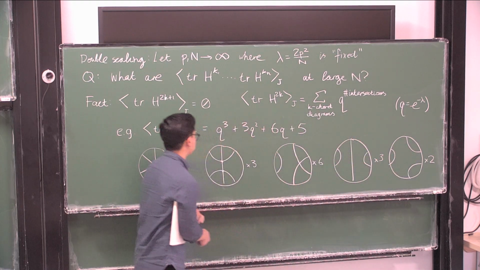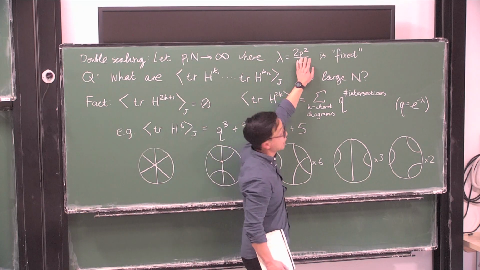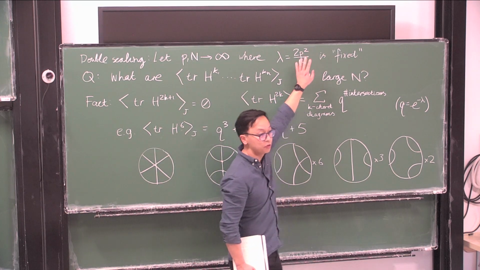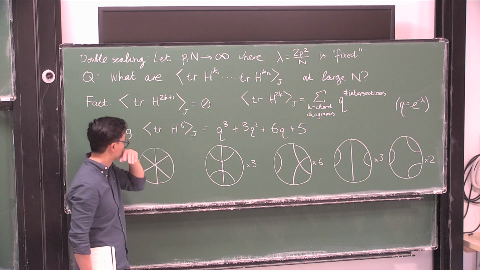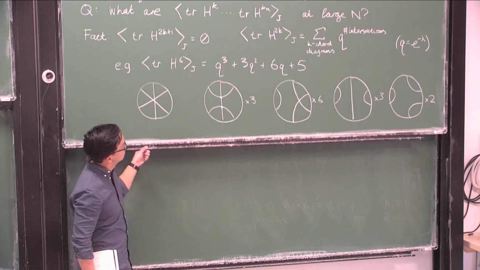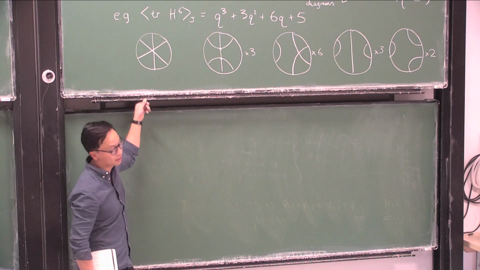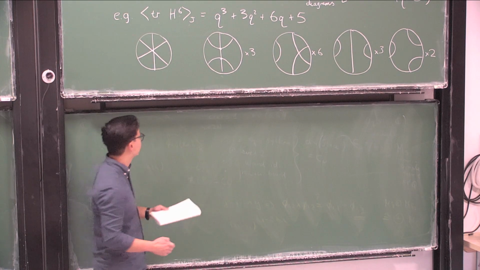Something like that. And this critically uses this scaling, e squared on n. If you use some other power scaling, you wouldn't see this beautiful picture arise. Okay, so hopefully you're convinced there's something interesting going on from a combinatorial point of view.